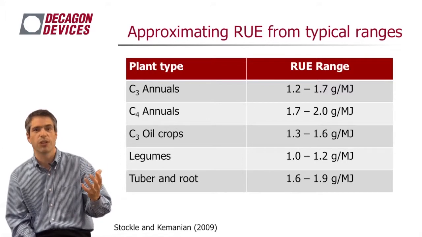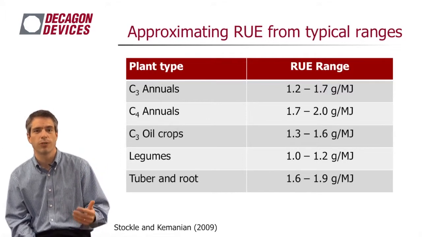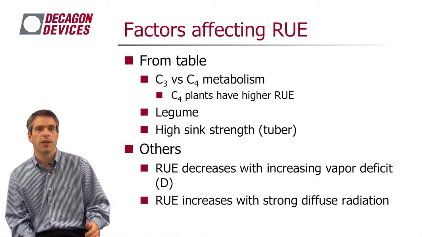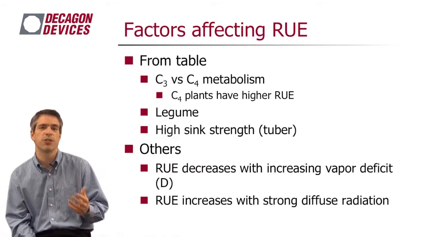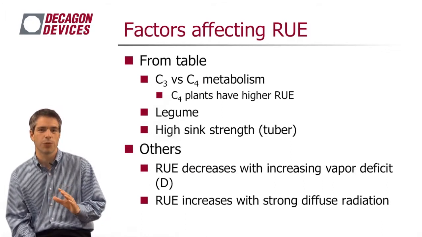You've got your C3 plants, your C4 plants, and some of the other things like oils, legumes, and tuber and root plants. Some things that you see from this table are that C3 plants have a lower radiation use efficiency than C4 plants. And we'll talk about that in a little while.